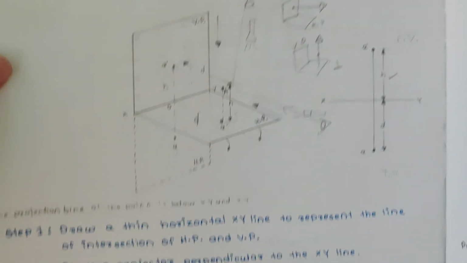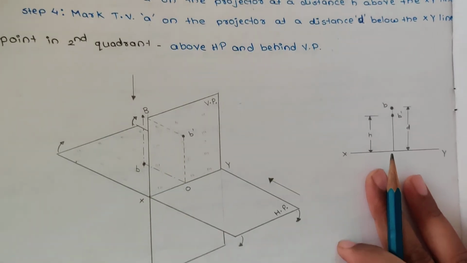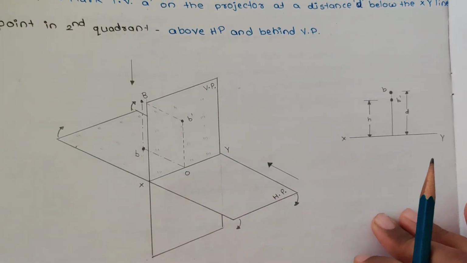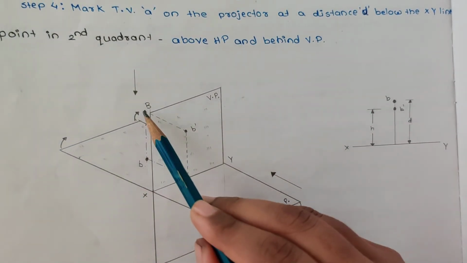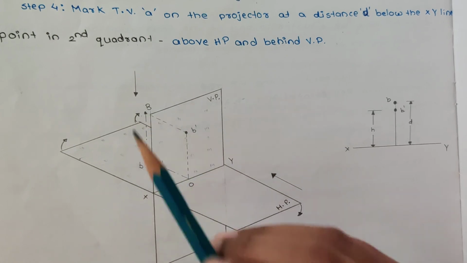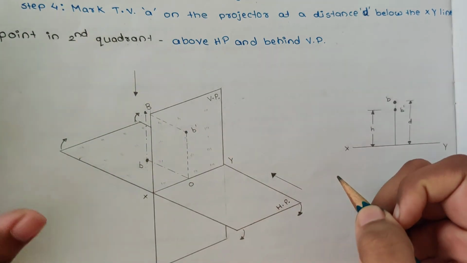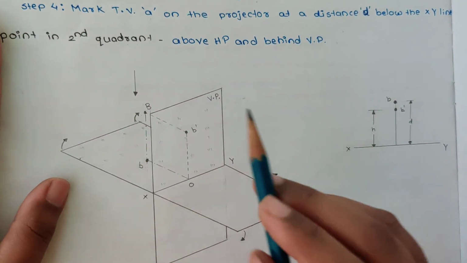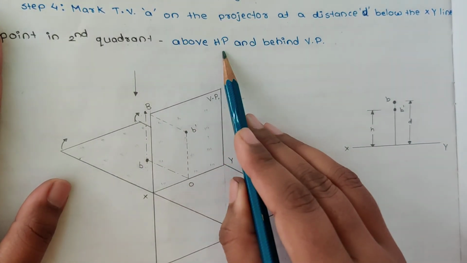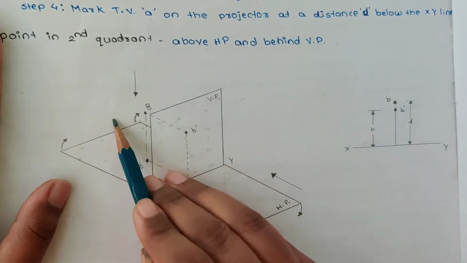Now if we see the second quadrant, here is the point B. In this case the point is above HP and behind VP.